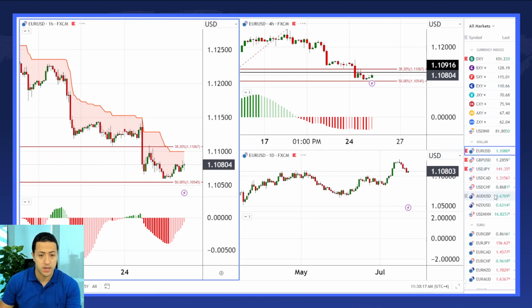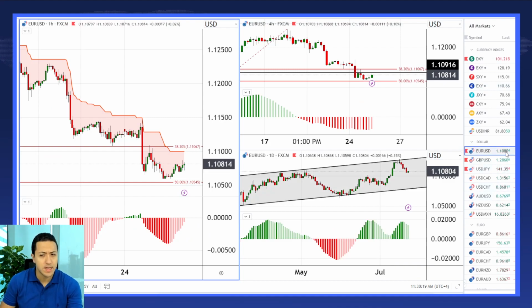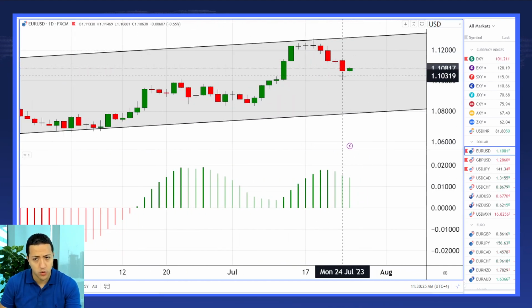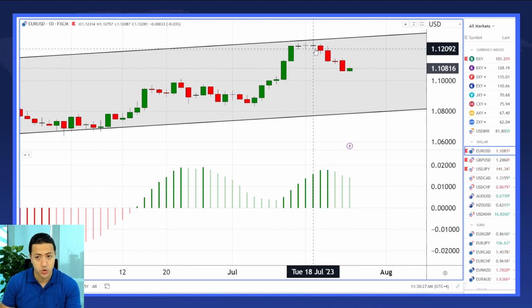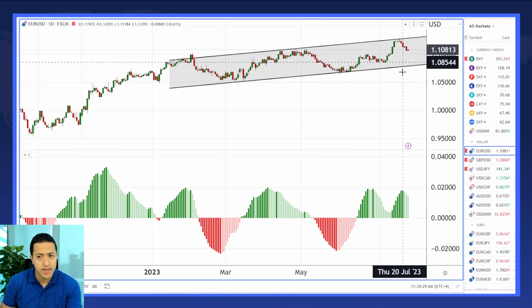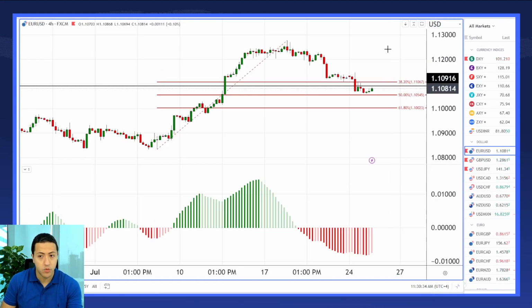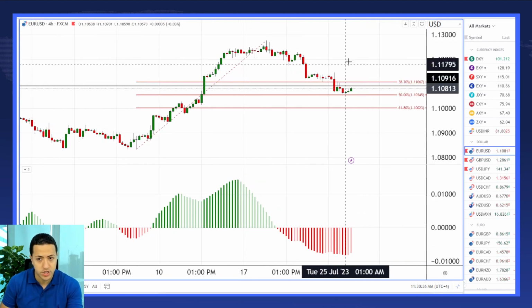On the opposite side, let's have a look on the euro, which is basically showing exactly the same, however, to the downside. So also on the daily time frame, we have been trending lower for some time, also since the 18th of July, which was something we expected from the upper limit of the price channel. However, today we might expect a bullish correction to the upside.